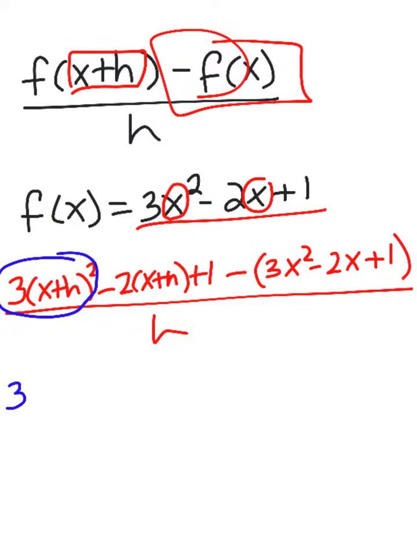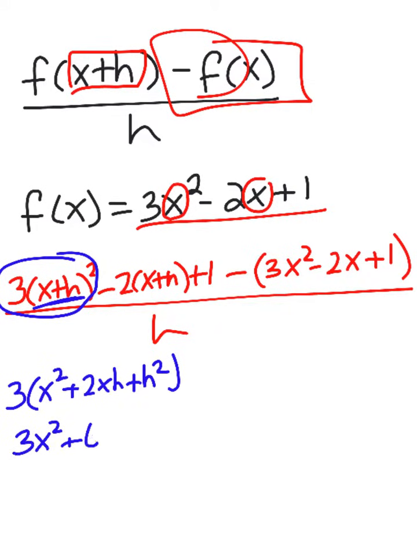So it's 3 times, so now you should at this point know what x plus h squared is. That's x squared plus 2xh plus h squared. All right, now I'm going to distribute the 3. So we get 3x squared plus 6xh plus 3h squared.